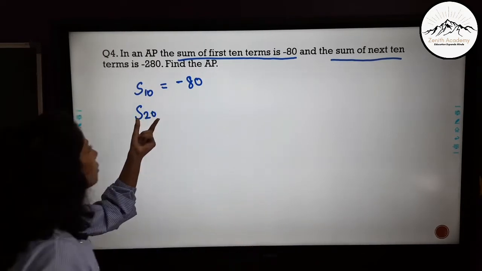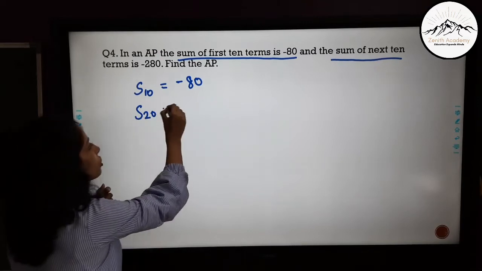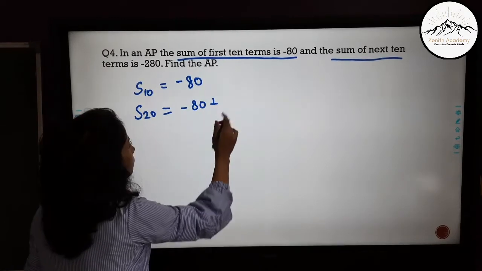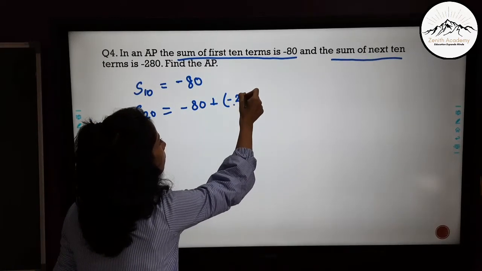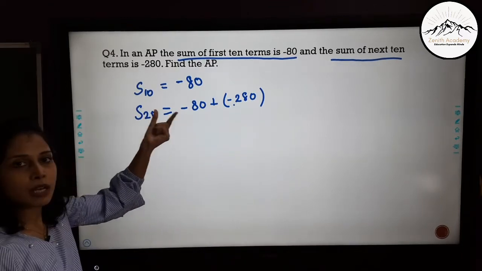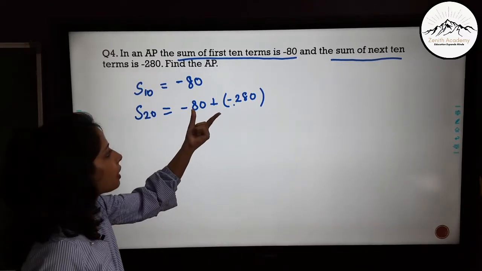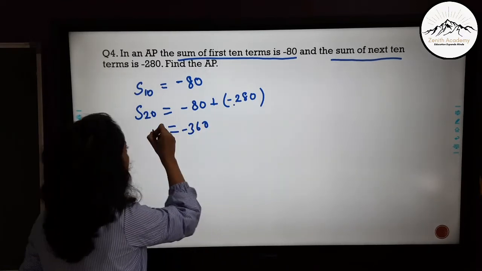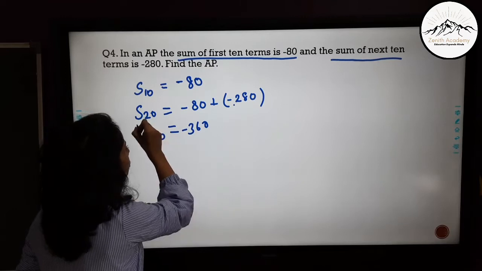So we can take 10 plus 10 as 20, which will give us minus 80 plus minus 280. Minus 360 is the sum of 20 terms.